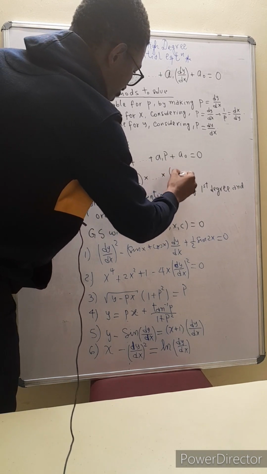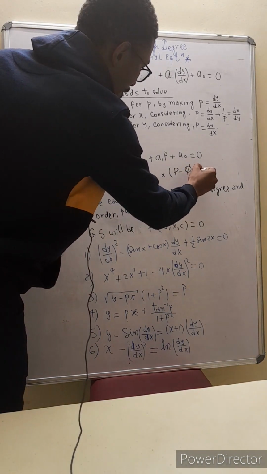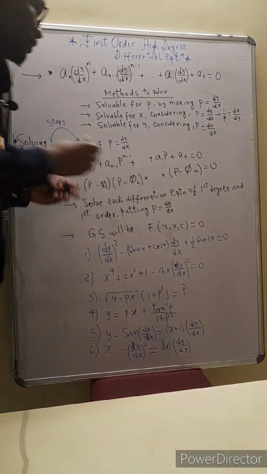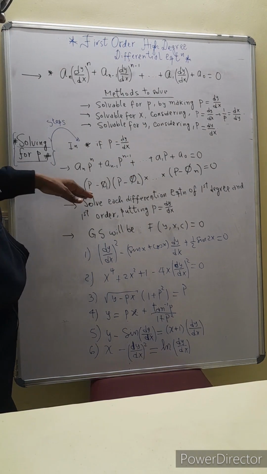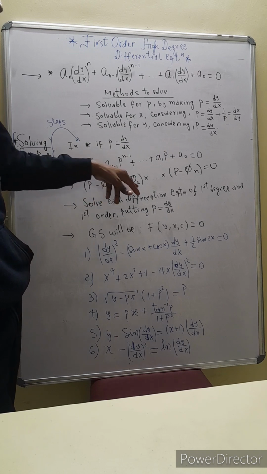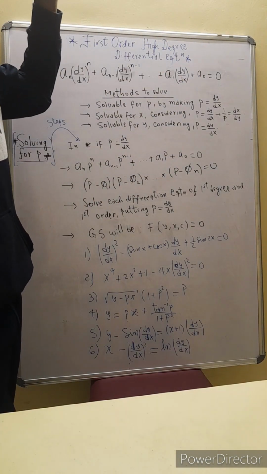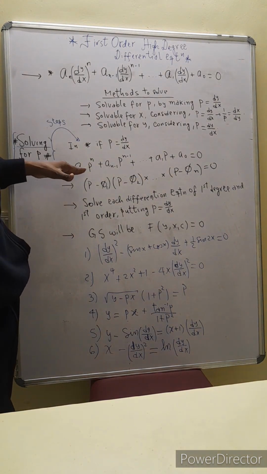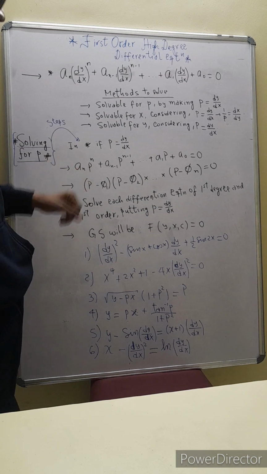Then we have p minus phi n equal to 0. So here we will have p minus phi 1, p minus phi 2, and so on. We have n roots for this equation, an equation that can be solved by p only.